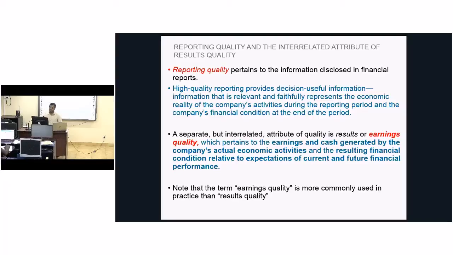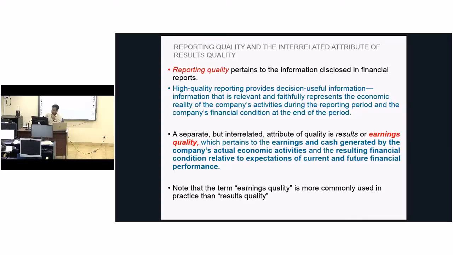That means in the income statement, very simply, it should show the actual earnings and cash generation from real economic activity. Also, the results should show the current and future financial position or performance, something related to the balance sheet.